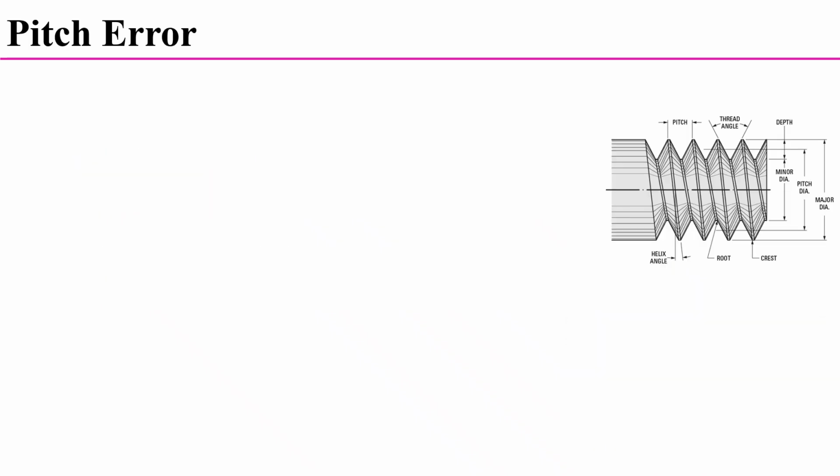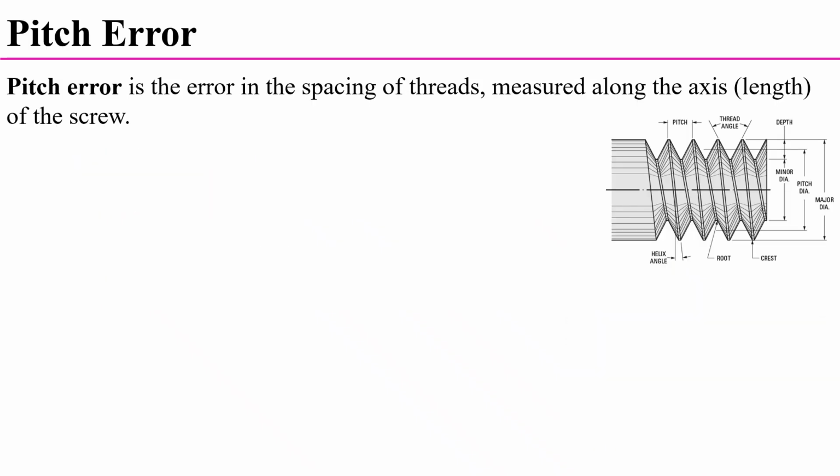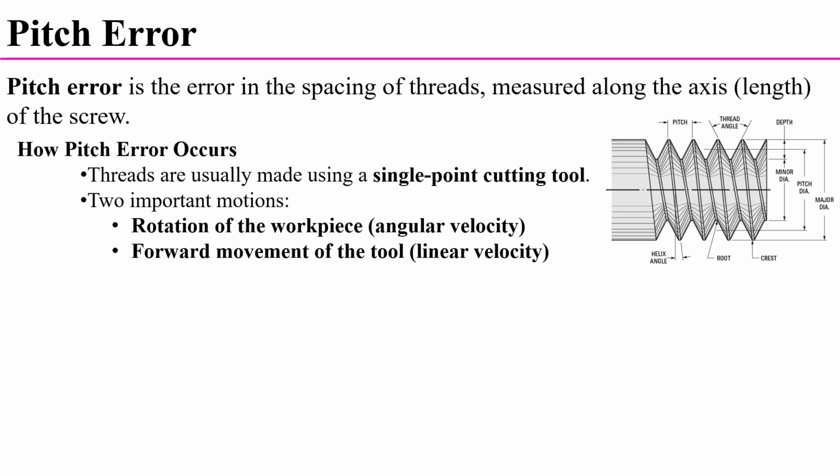So next we have to discuss the pitch error. Pitch error is the error in the spacing of the threads measured along the axis of the screw. Let's see how pitch error occurs. Threads are usually made using a single point cutting tool in a lathe machine operation. In this operation, there are two important motions.